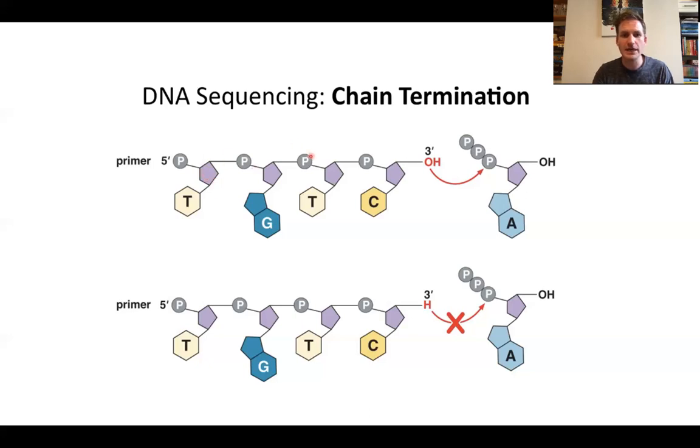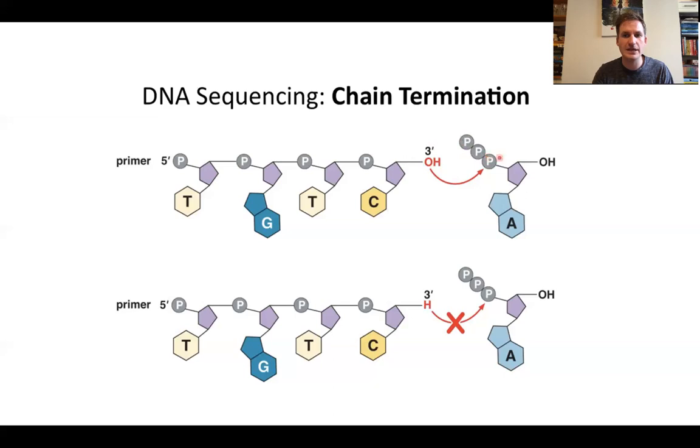And that's a repeating structure in both DNA and RNA. But that sugar structure, which is either ribose in RNA or deoxyribose in DNA, has a 3 prime carbon. On the third carbon, there is an oxygen and hydrogen, which is called a hydroxyl group.